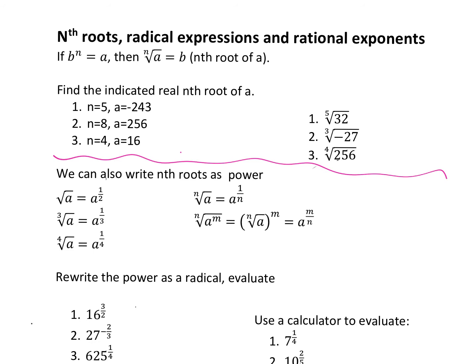Okay, so if it's asking me to find the fifth root of negative 243, we can reference our table. What number to the fifth power is equal to negative 243? Negative 3. So if it's a negative under an odd root, the answer is just negative.